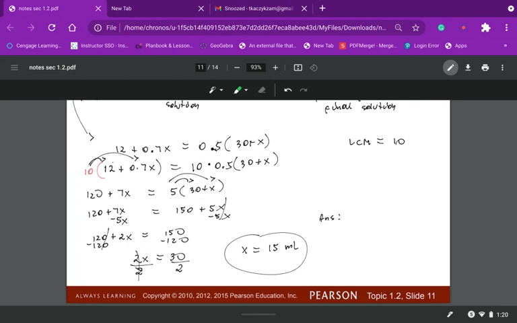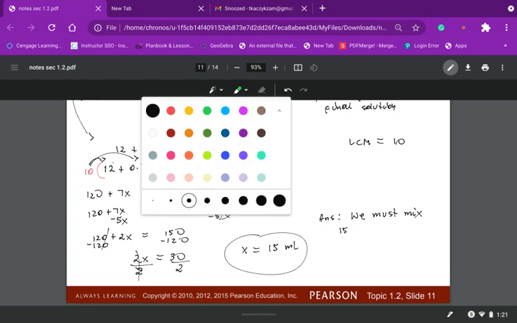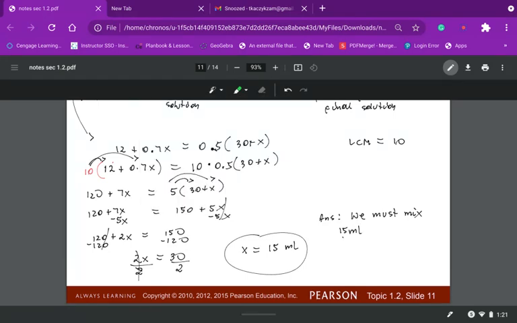So the answer here is we must mix 15 milliliters of 70% solution to reach the desired mixture.